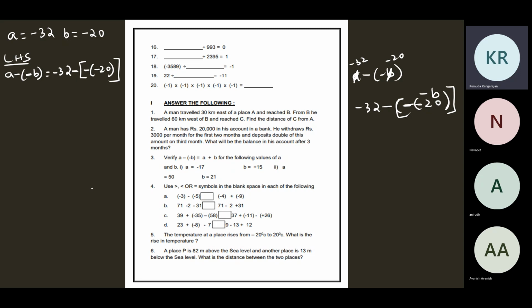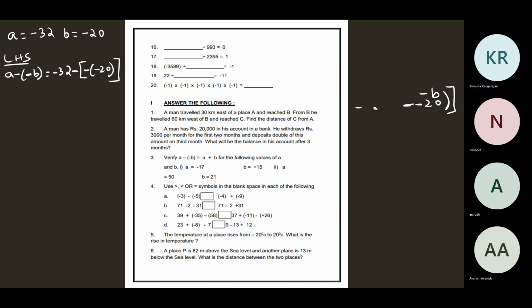The first step is just to take away A and B and write the values of A and B. That's all. Nothing else should be done. Am I clear now? Yes, ma'am. Just take away A and B and write the values. That is the first step.